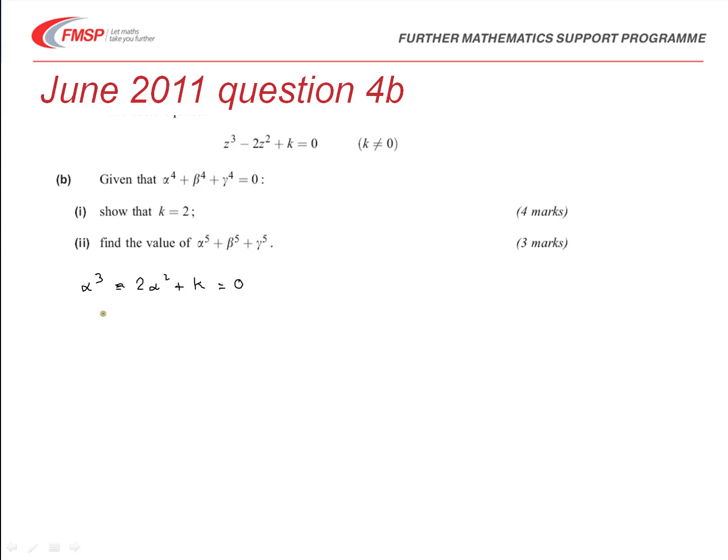So if we multiply through by alpha, we get the fact that alpha to the 4th minus 2 alpha cubed plus k alpha must also equal 0. Now, not only is that statement true for alpha, we know it's true for beta to the 4th and similarly the gamma to the 4th statement.